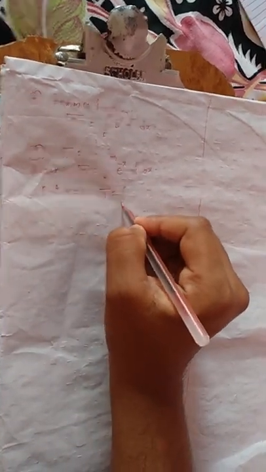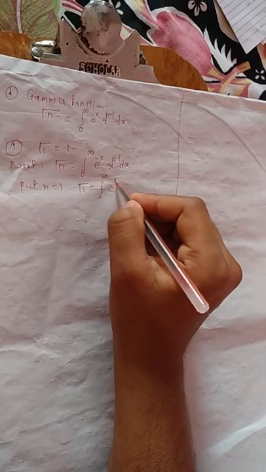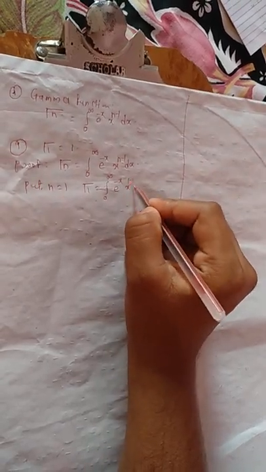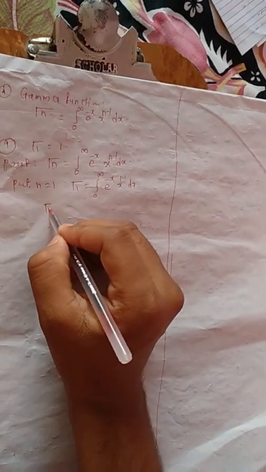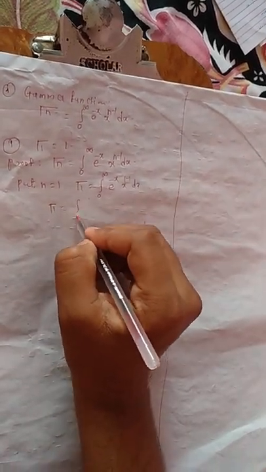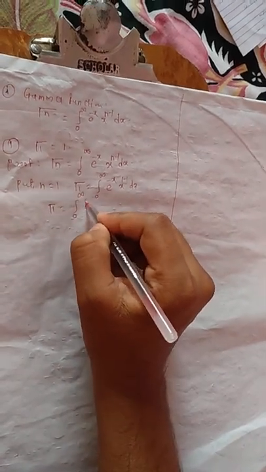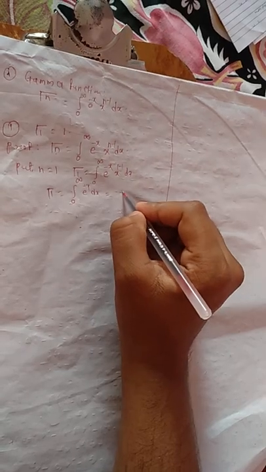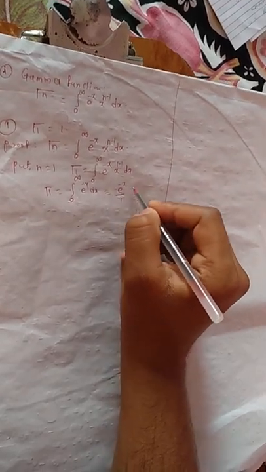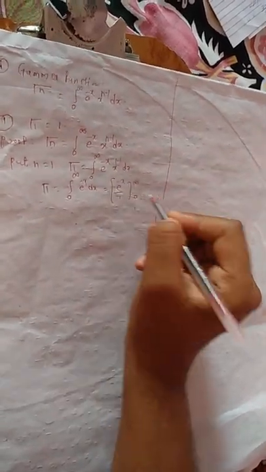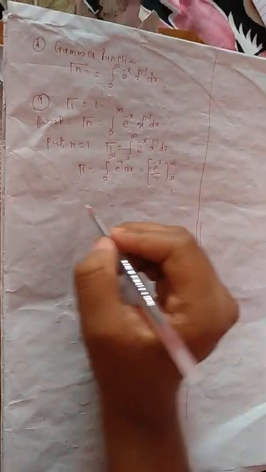So gamma 1 is equal to 0 to infinity e raised to minus x, x raised to 1 minus 1 dx. X raised to 0 is 1 only. So gamma 1 is equal to integration 0 to infinity e raised to minus x dx, and the integration of e raised to minus x is e raised to minus x upon minus 1 from 0 to infinity, upper minus lower.